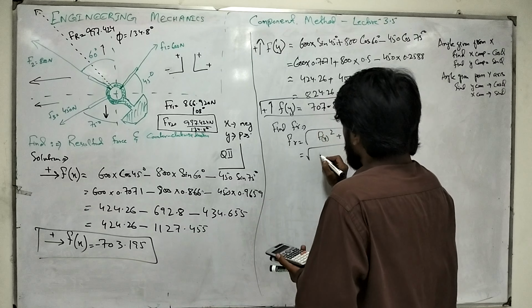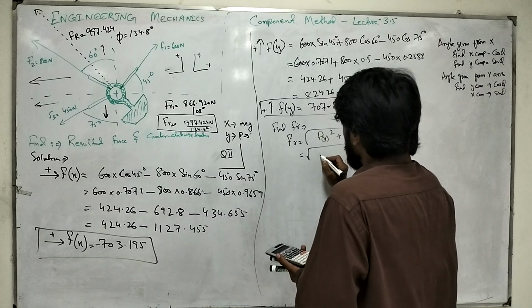So let's solve this one. 703.195 squared is 494,483.208, plus 707.8 squared is 500,980.84.